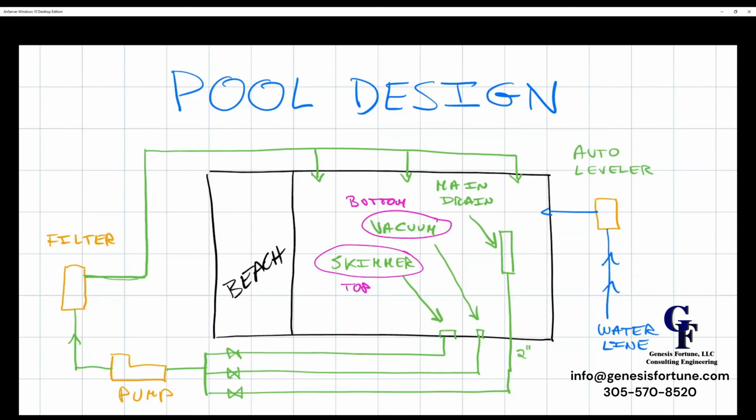That will prevent you from having to refill the pool due to evaporation every so often. So it will keep the pool at the same water level that it was designed for.